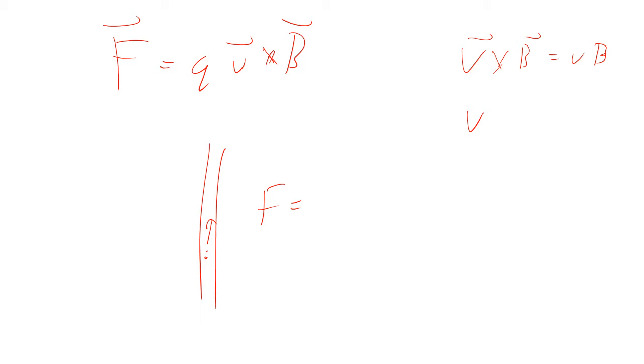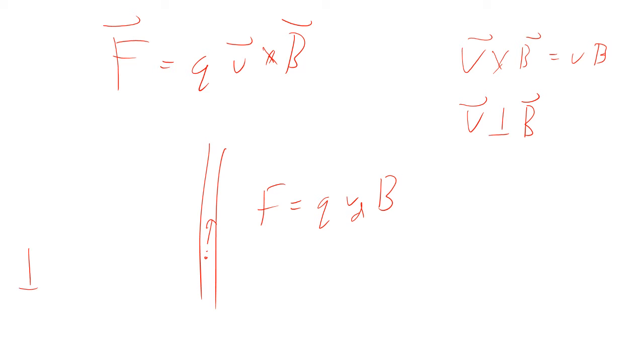So we'll assume that the magnetic field and the velocity are perpendicular to each other. So that would be QVB. Well, what V? The average velocity would be the drift velocity. And Q, that's the charge. Well, how much charge is actually moving in the wire? The amount of charge moving in the wire depends on how much current is in the wire.